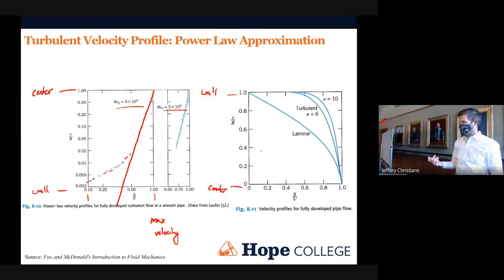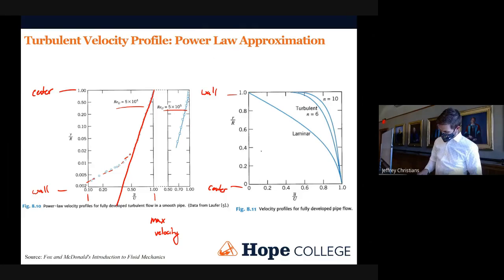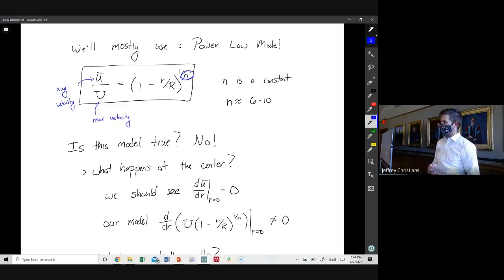The n value that you're going to choose is based on the Reynolds number. Essentially, for this class, we're not going to get too picky. We'll probably just pick a value, 7 or 8 or something like that.